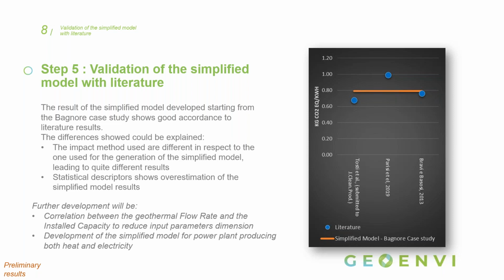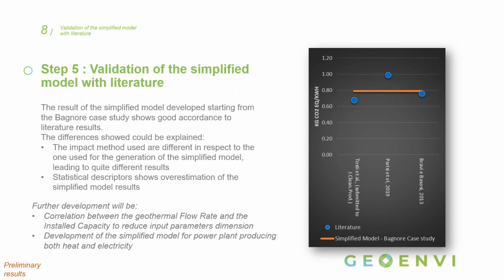But in any case, the results given by my simplified model are good, even if the statistical descriptors show a little overestimation of the results from the simplified model. Further development for this model is the correlation between the geothermal flow rate and the installed capacity.